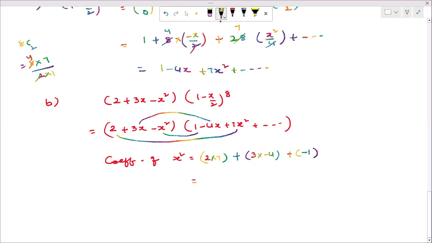Now 2 into 7x square is 14x square, 3x into minus 4x is minus 12x square, minus x square into 1 is minus x square. So 14 minus 12 minus 1, 14 minus 13 is 1. This is how we have to simplify the problem. I hope you have understood my explanation clearly. Thank you.